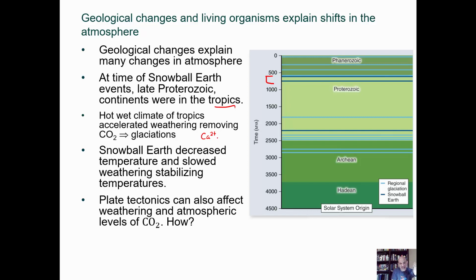So basically that captures CO2 from the atmosphere, lowering it, and that results in global cooling, and that results in glaciation. So once glaciation appears and cooling occurs, you're going to have a decrease in weathering, and that has the effect of stabilizing temperature overall.